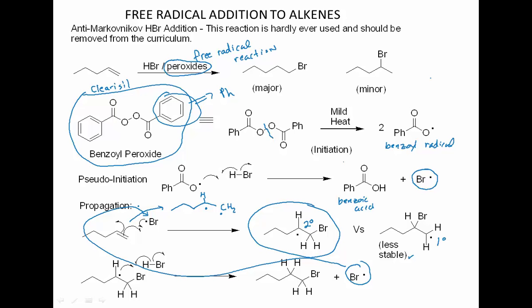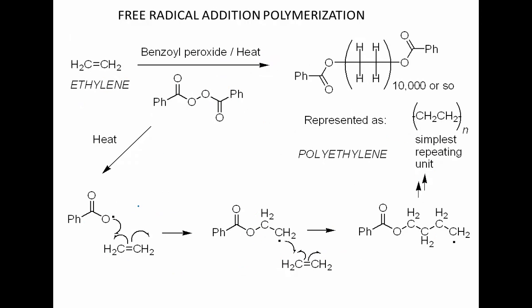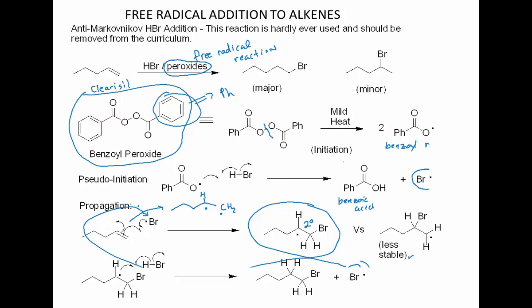Okay, a far more useful reaction involving free radicals and alkenes is polymerization. One other comment, I've just used benzoyl peroxide as the initiator here. Any peroxide molecule could serve technically as the initiator. It just has to have an OO bond.